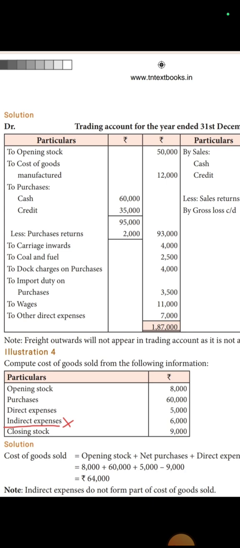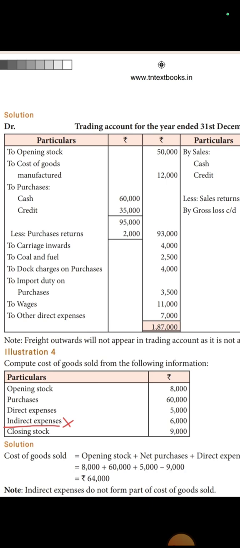So actually you sold goods for 1 lakh 20,000 rupees, right? The goods that cost 1 lakh rupees, we call it cost of goods sold. But listen, how much did you sell for? From that, you earned a profit of 20,000 rupees, right?